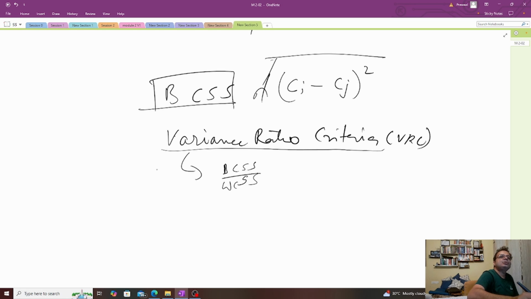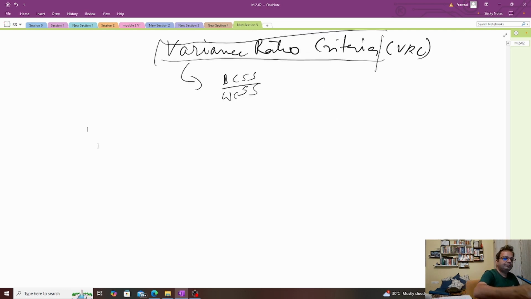And this combines both of them together to give you an indication of how good or bad these clusters are.